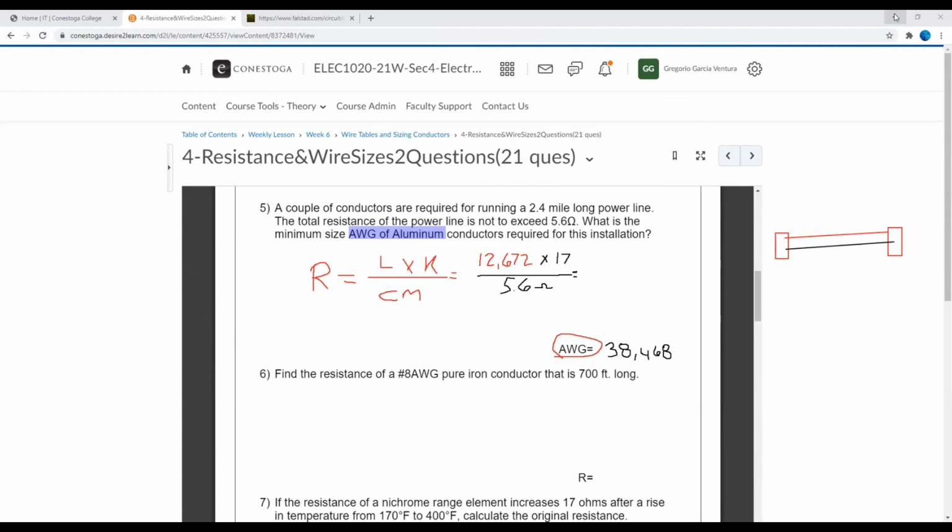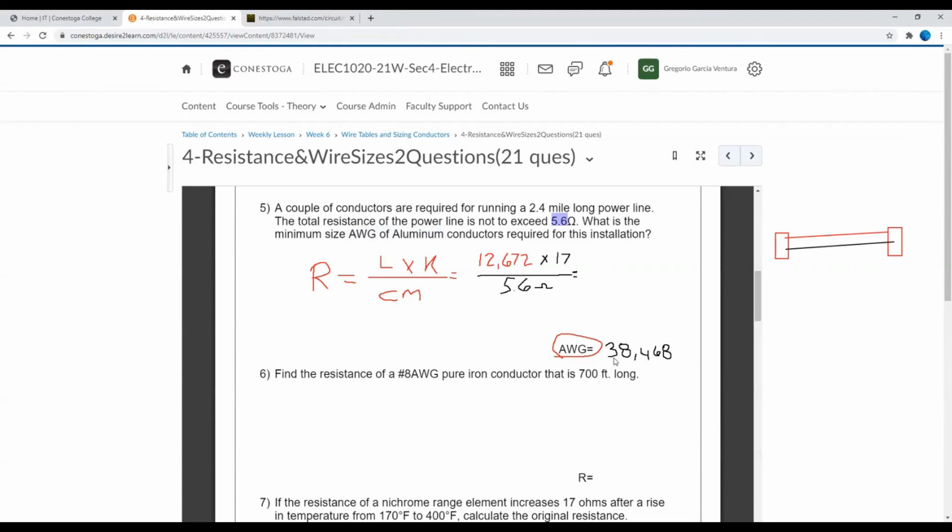So what I got to tell you about this though, even when it's going to be a number 4 conductor, we got to be pretty careful with this, because if we are thinking about not an isolated conductor, but a power transmission line, for a single conductor with that amount of resistance is going to be, yes, a number 4.